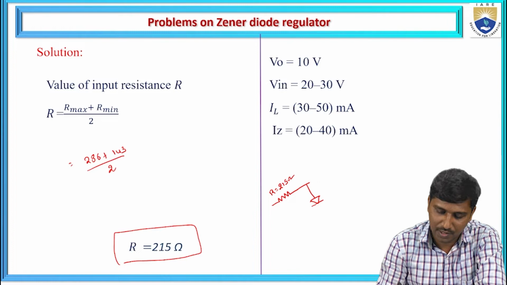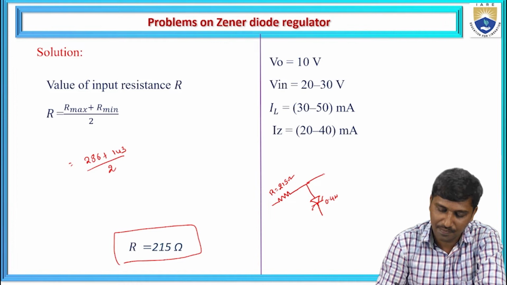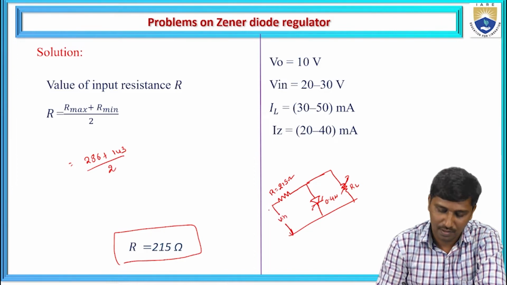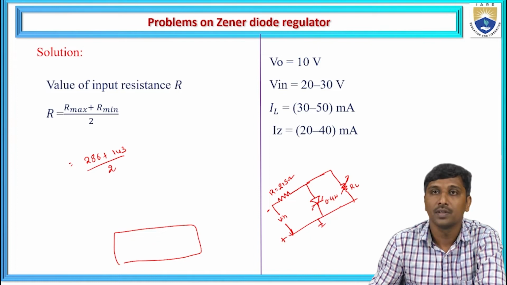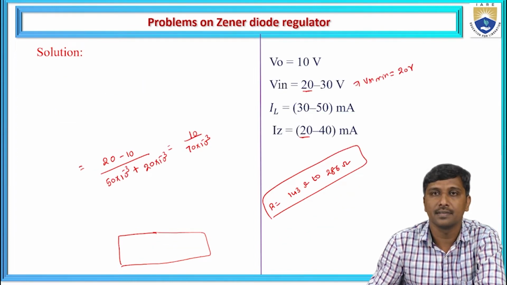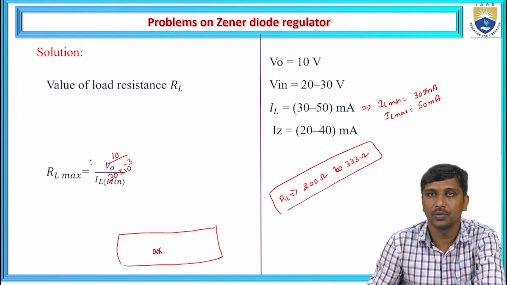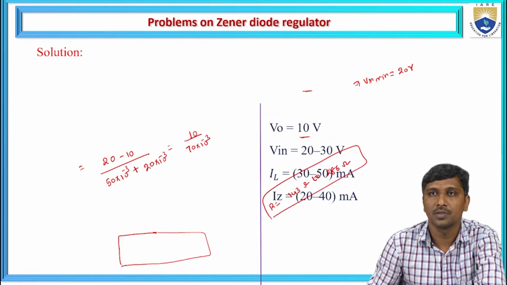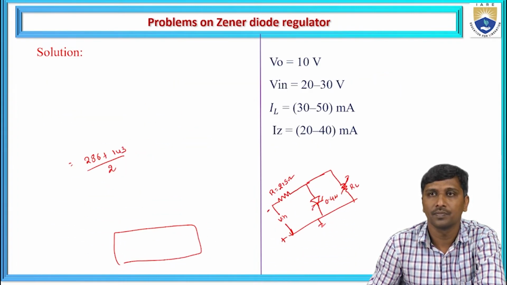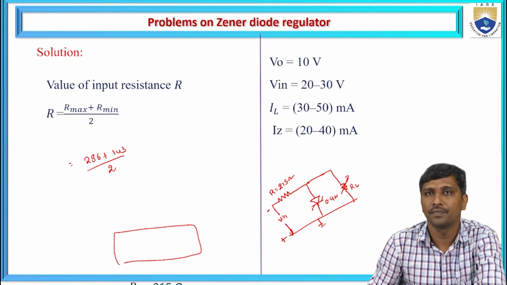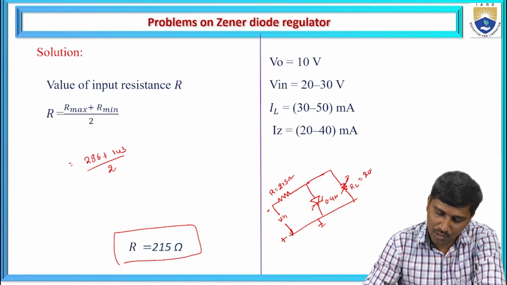The Zener diode should be operated with the given specifications, and we need to consider the load resistance. Then we apply Vin with minus and plus terminals. Here the load resistance RL is 200 to 333 ohms.